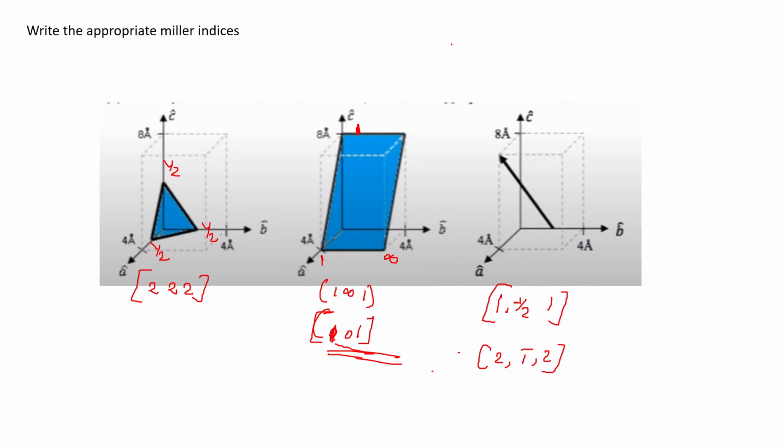Then for the first one, towards the z-axis, it is given 8 Angstrom, which is double the other two axes. So how can half be considered? No. The total length of the unit cell in that axis is 8, and it's crossing half of it.